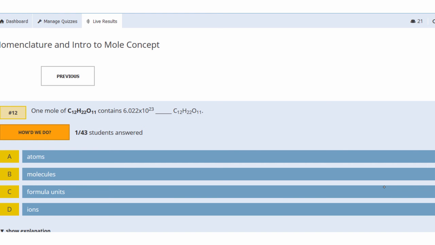So atoms, molecules, formula units, or ions. Go 5, 4, 3, 2, 1. And it's molecules. It's molecular because all of the elements in here are nonmetals. So when we have bond nonmetals to nonmetals, we have molecular compounds.